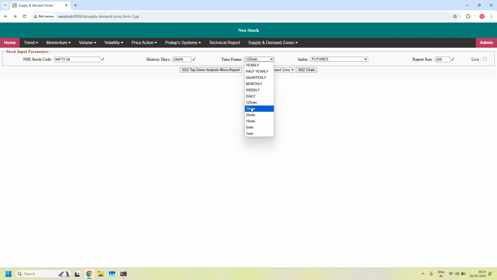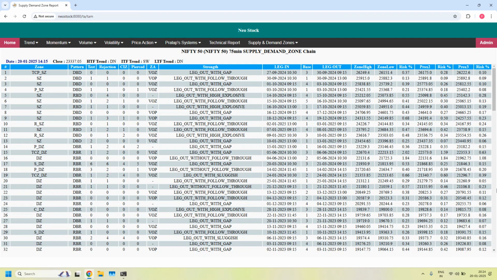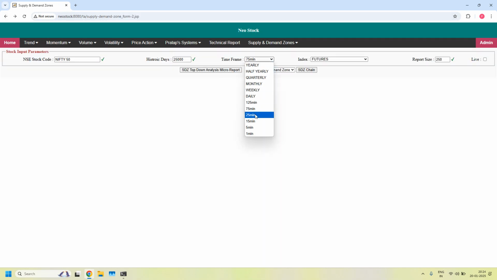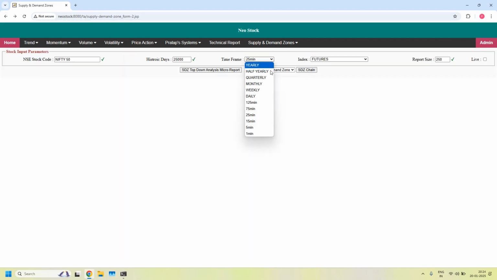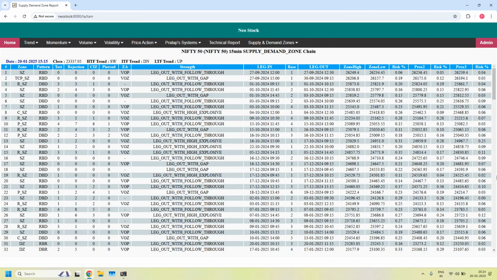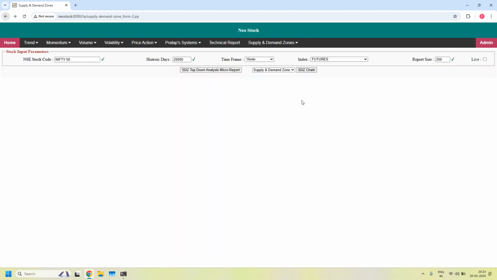Next, 75 minutes supply demand zone chain for NIFTY. Next, 25 minutes supply demand zone chain for NIFTY. Next, 15 minutes supply demand zone chain for NIFTY. Next, 5 minutes supply demand zone chain for NIFTY.